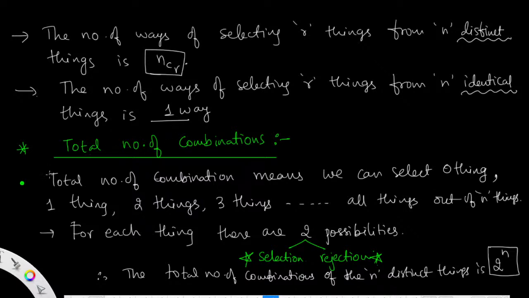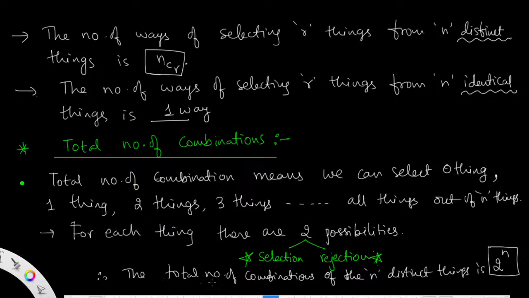And then the next concept is the total number of combinations. Out of n things, we can select 0 things, or 1 thing, or 2 things, 3 things, and so on up to all n things. For each thing there are two possibilities: selection or rejection.